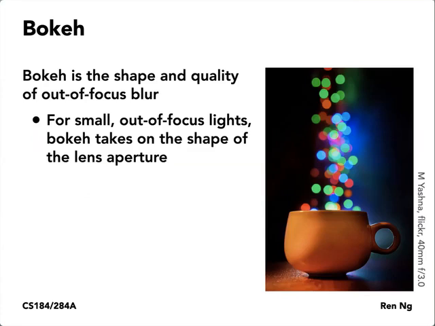Now, how many pieces of metal are involved in that spiral closing down will define how many sides of a polygon you see as it closes down. So sometimes you'll see in the bokeh, when you've stopped the lens down to a particular size, instead of it being round, it'll look like a polygon. You might even be able to count the number of sides, 5, 7, 9. You could count the number of blades, metal blades in the iris, is the way it's sometimes described.